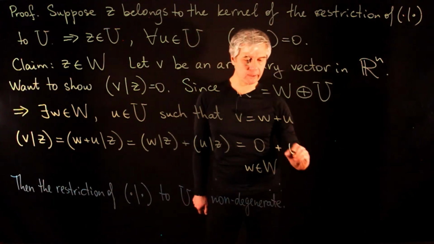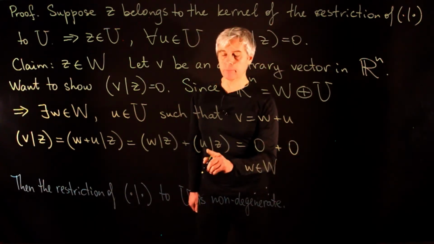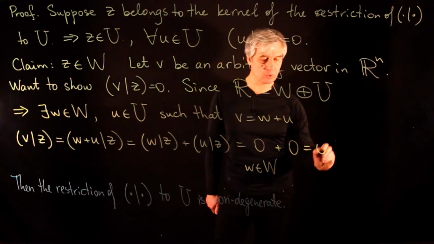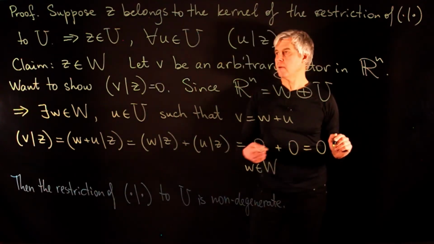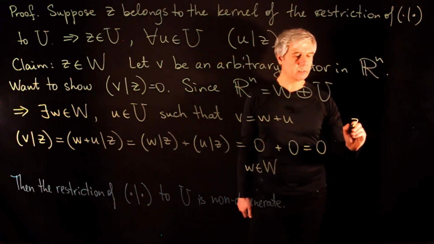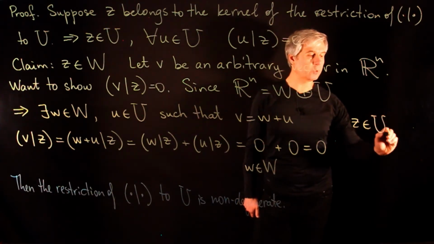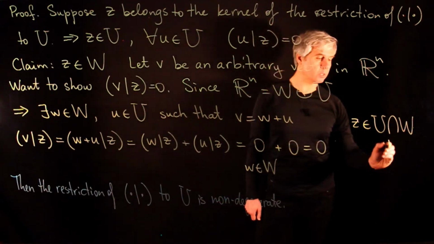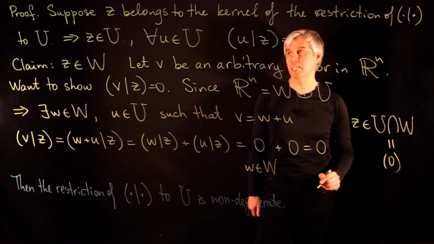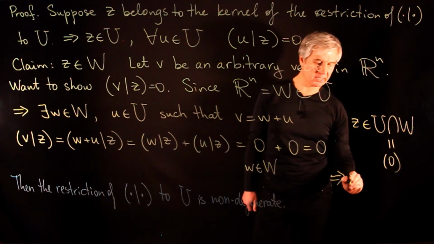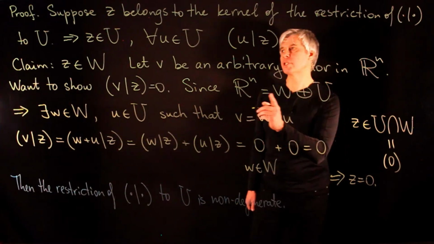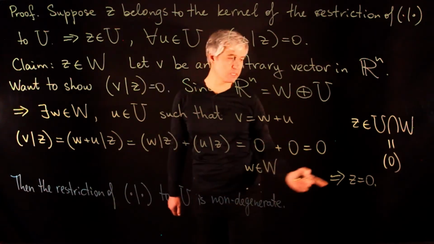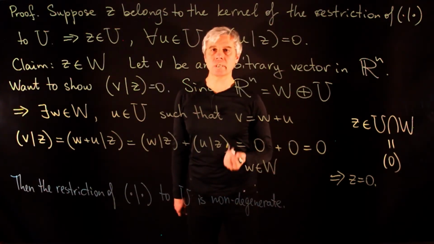The second is equal to 0 because z belongs to the kernel of the restriction of the bilinear form to U. And so the result is equal to 0. But now we obtained that z belongs to the intersection of U with W. But these two spaces form a direct sum, so this intersection is the zero subspace. This implies that z is the zero vector. This proves that the kernel of the restriction of the bilinear form to U is trivial, and so this restriction is non-degenerate.